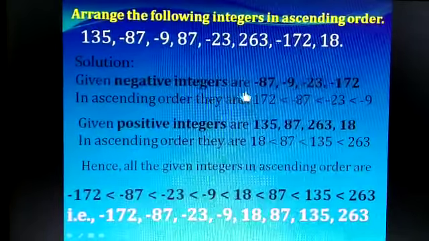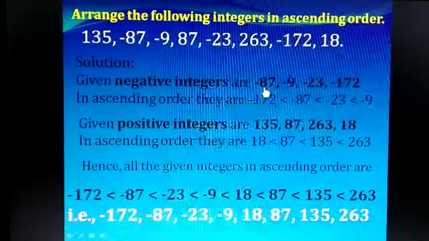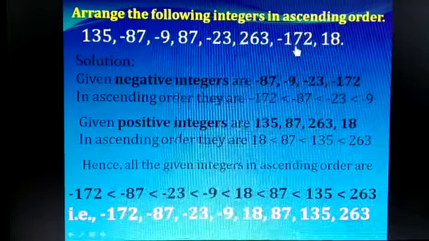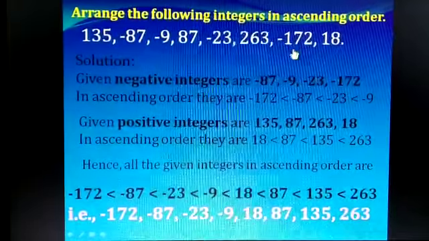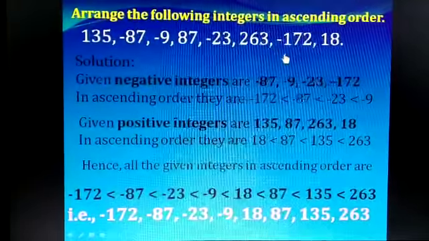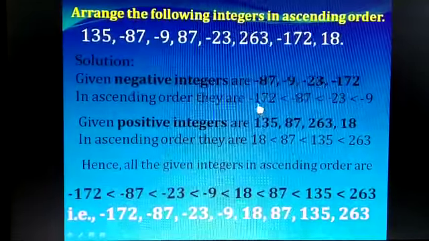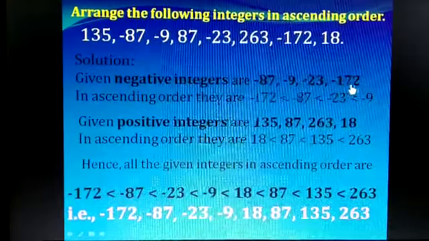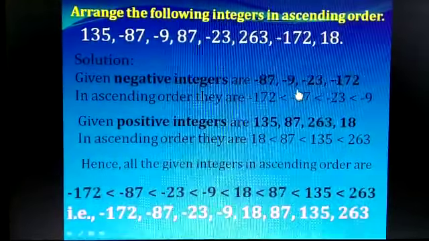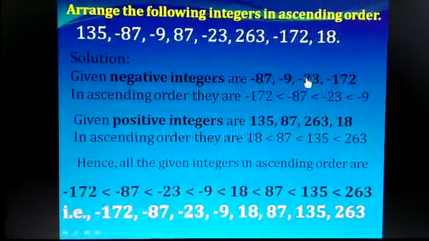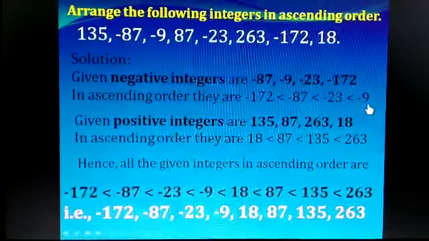The negative integers are minus 87, minus 9, minus 23 and minus 172. We are going to write these negative integers in ascending order. That is minus 172 is less than minus 87 is less than minus 23 is less than minus 9.